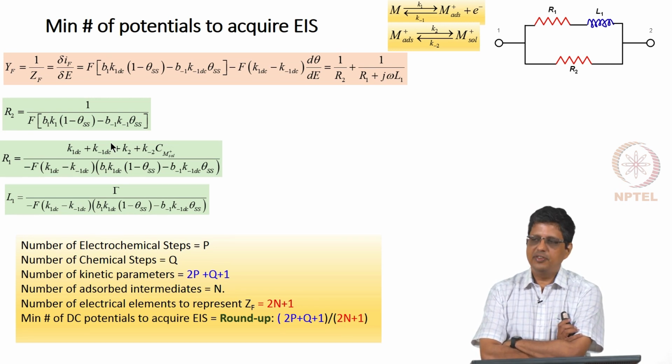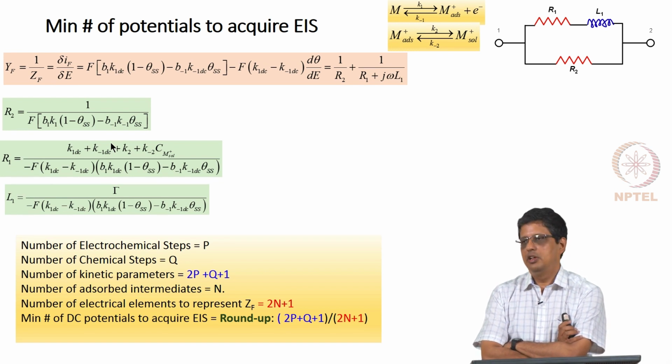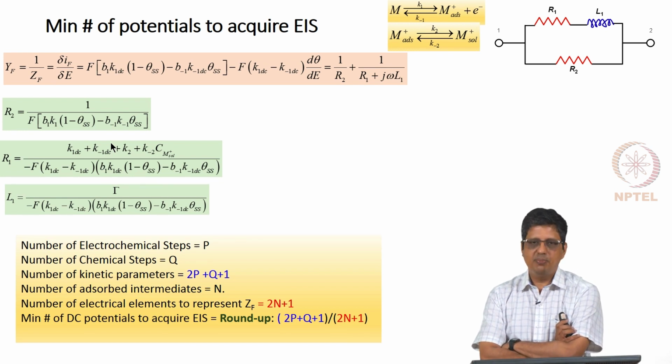So, the minimum number of DC potentials I need is (2P plus Q plus 1) divided by (2N plus 1), and it may not be an integer, you have to round it up. 5 parameters to 3 elements, we are going to say 5 by 3, it is 1 point something, we are going to say 2 potentials we need.